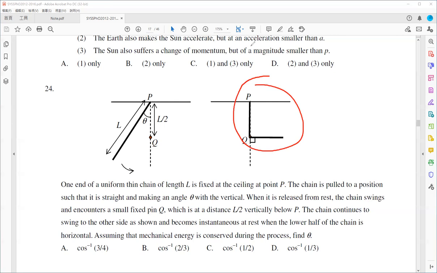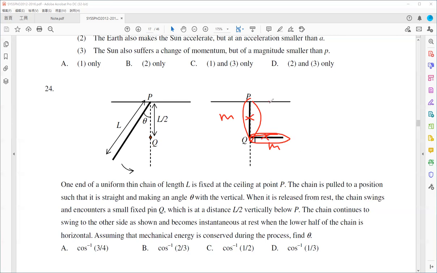Now this object will change shape. So you may consider this as two parts of the object. What you need to do is find the position of the center of mass from the point P. Let this be M, this be M. The center of this object is here, the center of this object here.